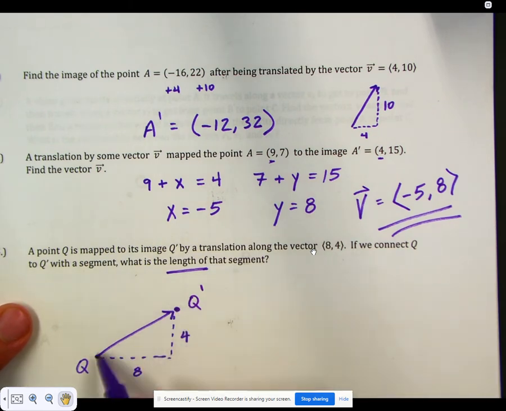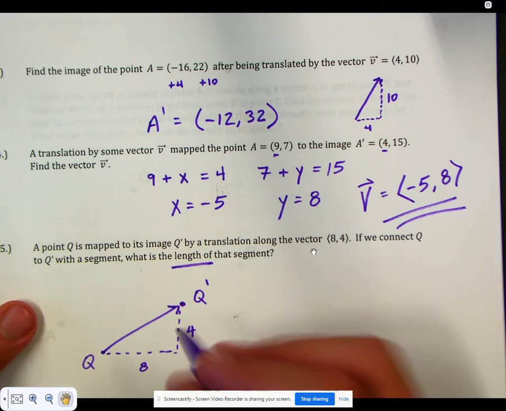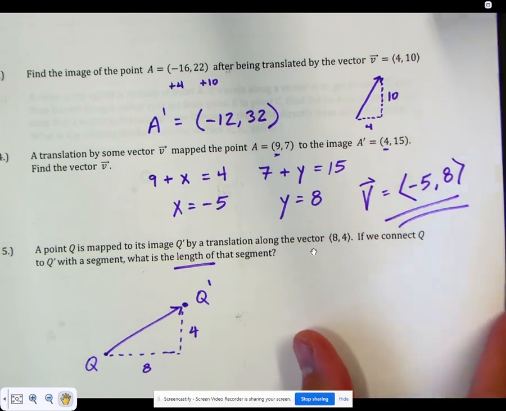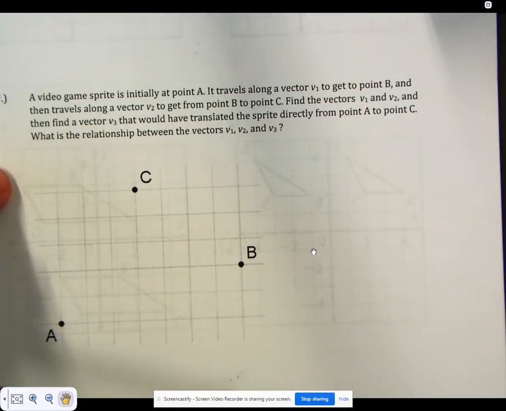What's the distance? What's the length of that segment? Well, you should use the Pythagorean theorem there to find the length. So you're going to go 8 squared plus 4 squared equals length squared, and do a little bit of calculation.